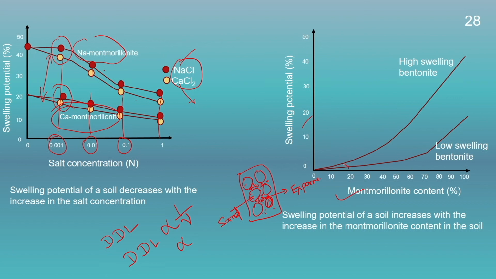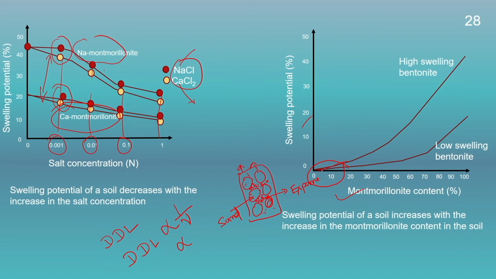Therefore, the swelling will be very less for a small amount of montmorillonite or expansive soil content. However, when we keep on increasing the montmorillonite content, it will gradually start to fill these macro pores and then it will start to push the soil in the upward direction. Therefore, the swelling will keep on increasing.